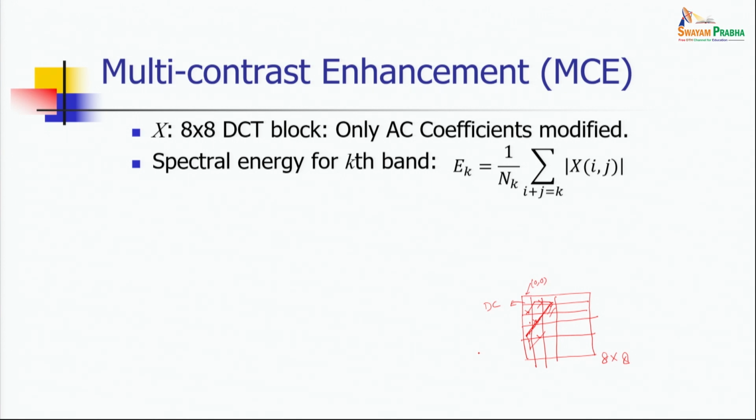Simply magnitudes, I am not taking the square of it. That is the definition. Now, when we are measuring contrast, the contrast of this band is expressed in this way. What is the energy in this band, and what is the total energy till this band? So the fraction of energy is the contrast.